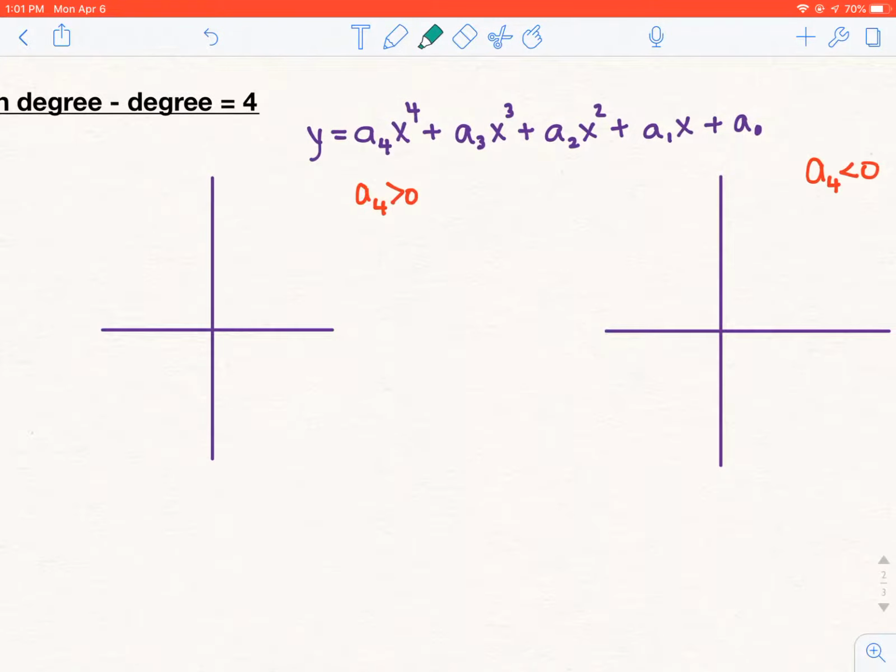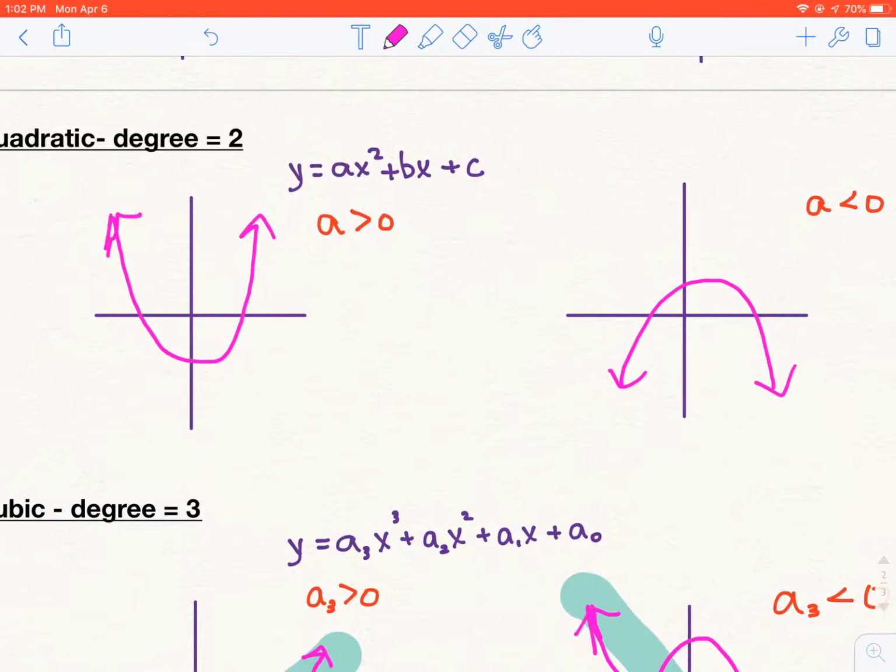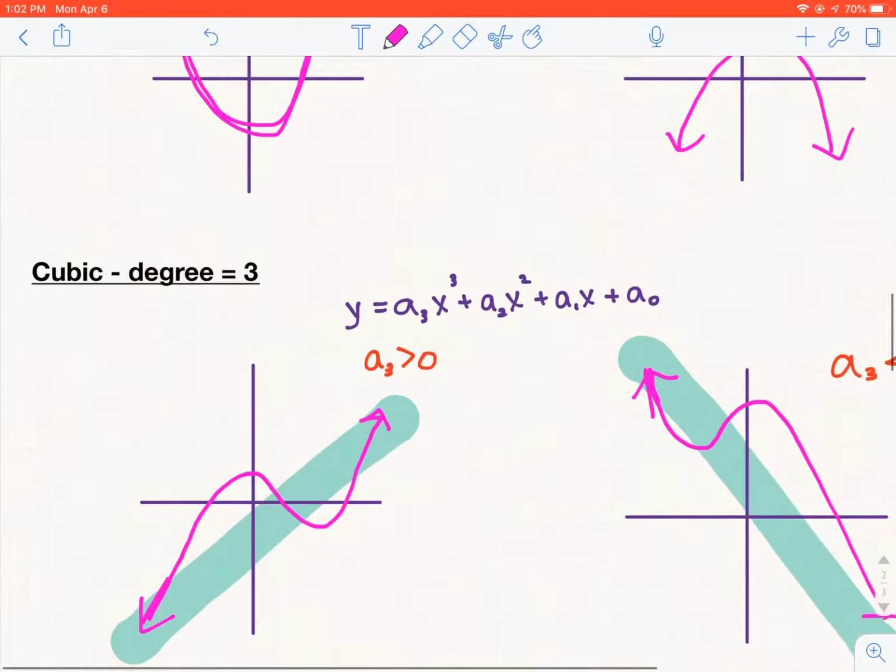Okay, so that means the even exponents, the even degrees, are going to act like the parabola. Now we know that a fourth degree could possibly cross the x-axis 4 times. When a is positive, it's going to act like when a is positive for a parabola, which means it's going to start here in the top left side and do its business, and then it's going to end up in the top right side.